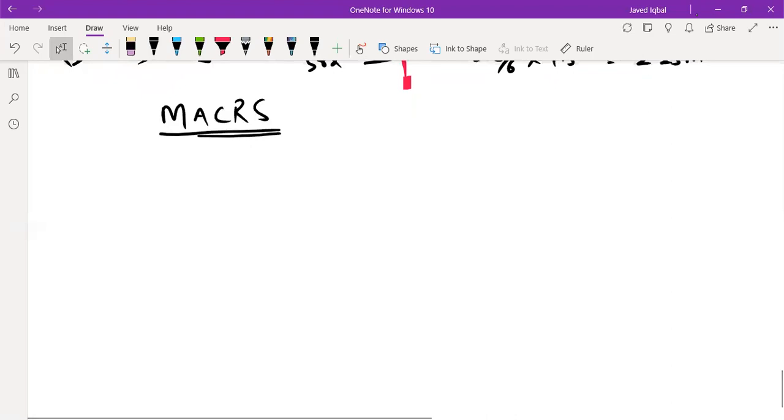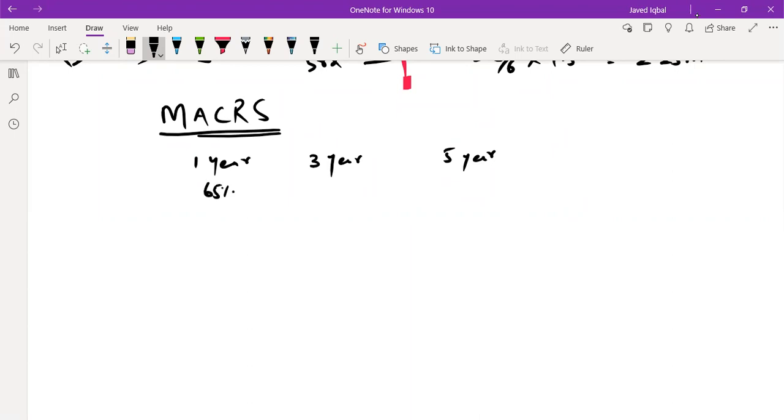So these rates for every type of asset, for example, 1 year life asset, 3 year life asset, 5 years, 4 years, the rates are given. For example, 1 year rate would be given as in two numbers. For example, it will be given as 65% and then 35%. So now you have rates.